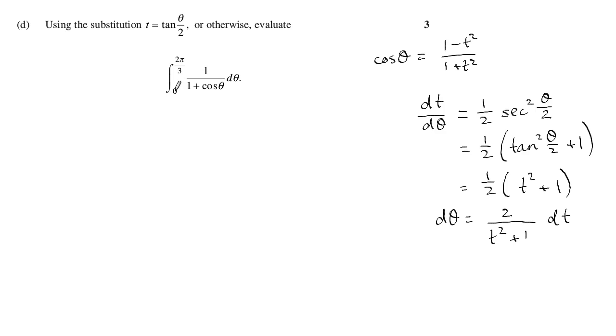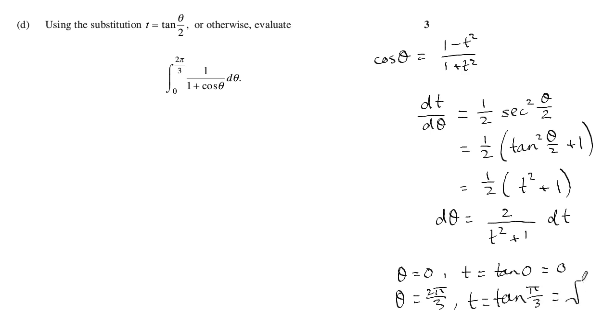And then we also have to work out when theta is 0 and 2 pi on 3, what's t? So theta equals 0 will give t is tan 0, which is 0. At 2 pi on 3, you'll get t is tan half of that, which is tan pi on 3, and that makes root 3.